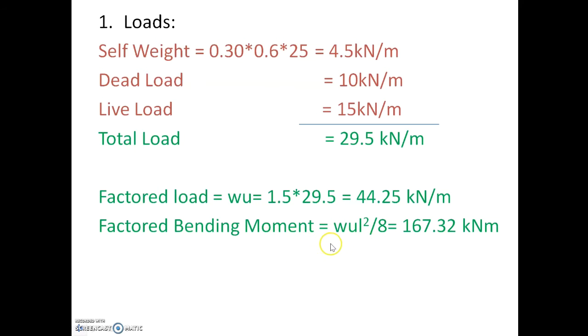So the factored bending moment formula is WL square by 8, as the beam is simply supported and the load is uniformly distributed load. By substituting L is equal to 5.5 and W value, we will get 167.32 kilonewton meter.